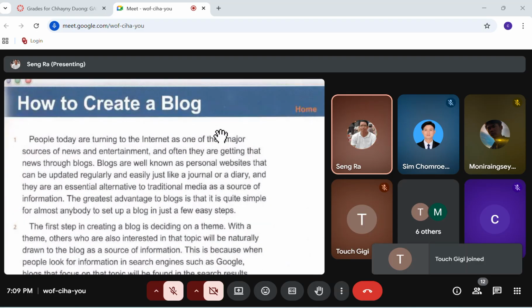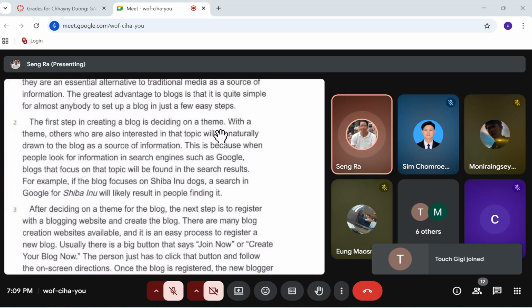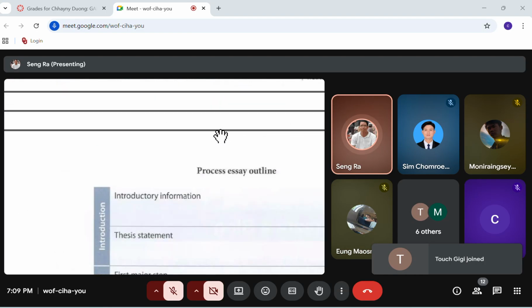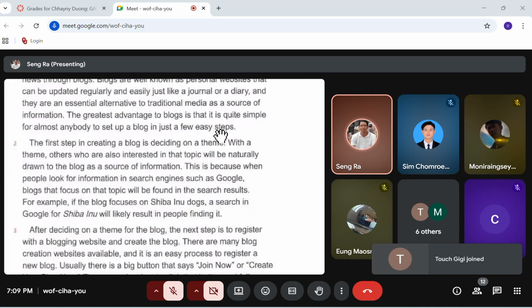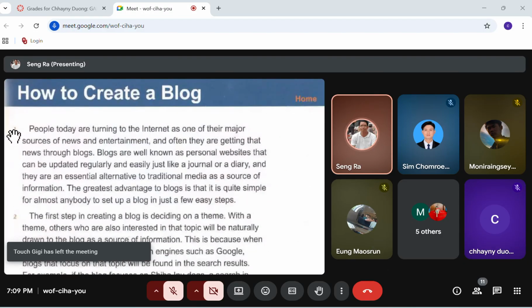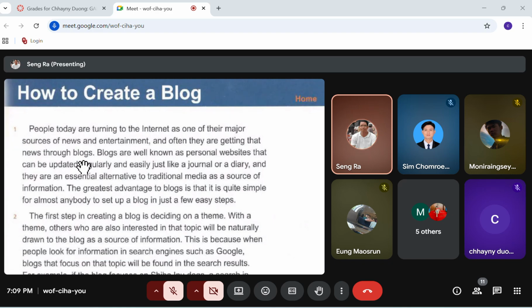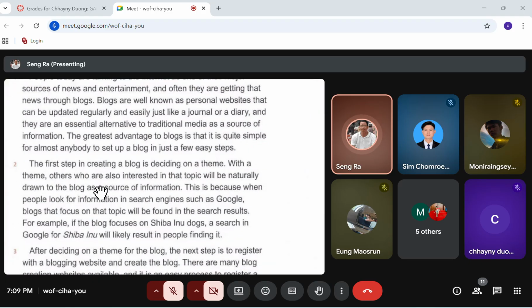As you can see, we have a 5-paragraph essay here. As you count the number of paragraphs, at the beginning of each paragraph you can see the number. This is one paragraph, an introductory paragraph. And then you have the first body paragraph in the second paragraph.